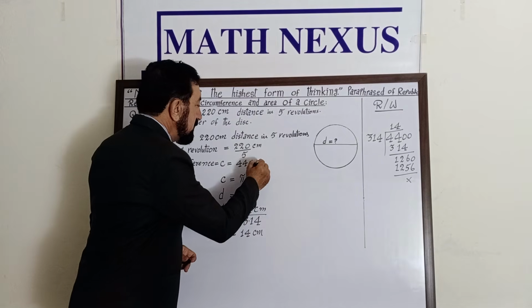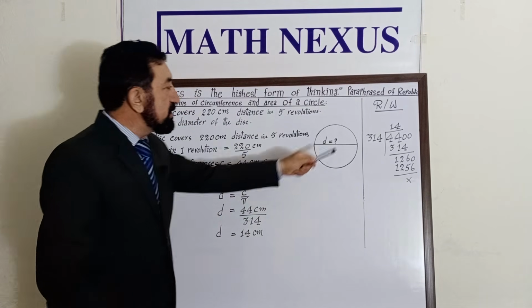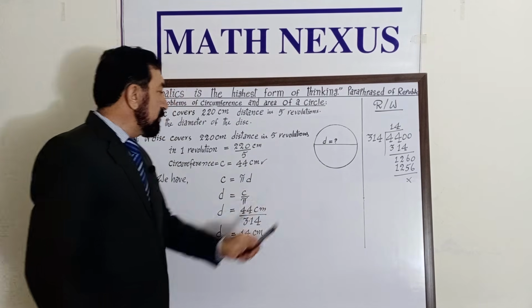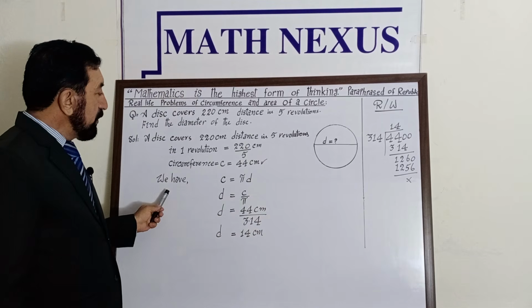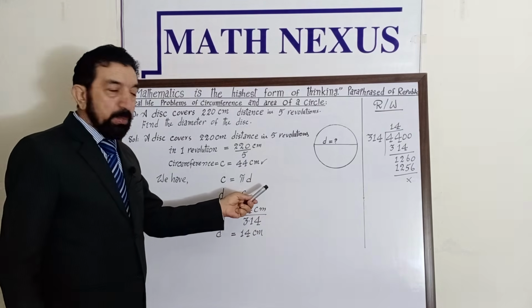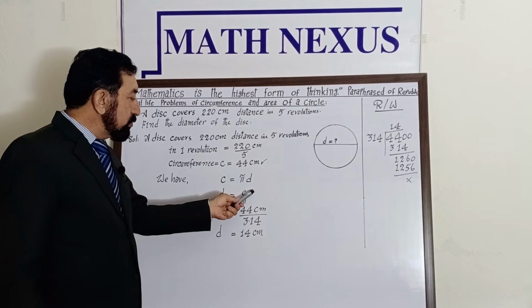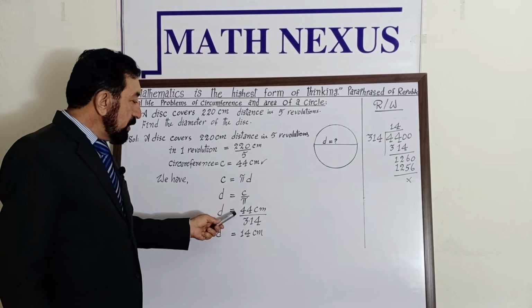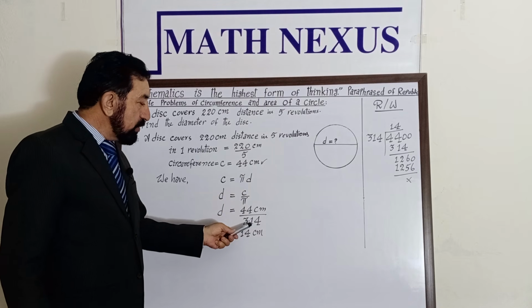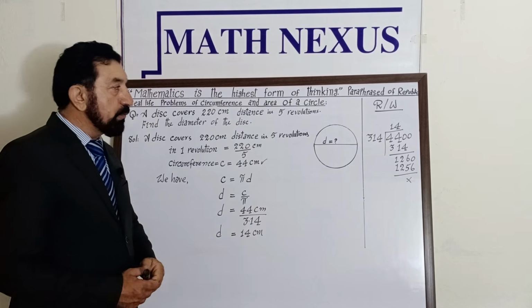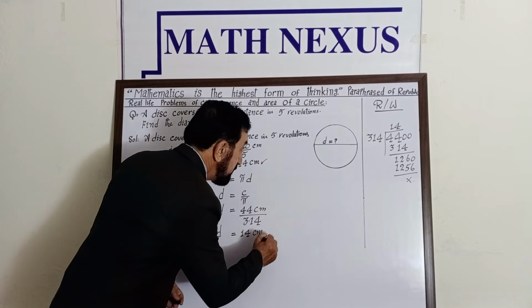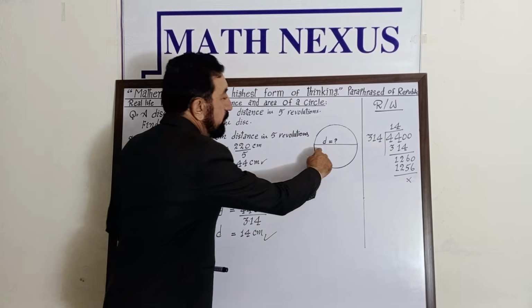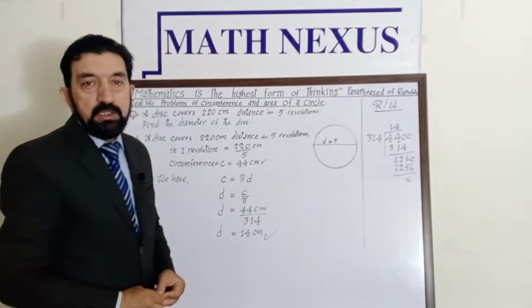It means that the circumference of this disc is equal to 44 centimeter. We have circumference equal to pi d, d equal to C upon pi, d equal to 44 centimeter upon 22 upon 7, this is equal to 14 centimeter. It means that the diameter of this circle is 14 centimeter.